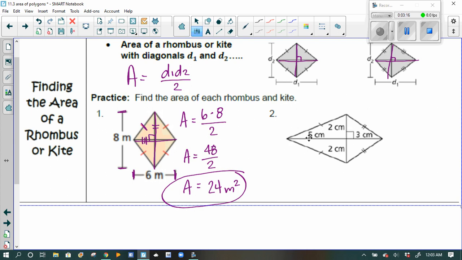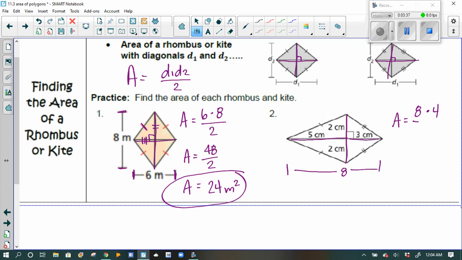Over here, we see that this piece of the diagonal is 5 and this piece of the diagonal is 3. So the whole diagonal is 5 plus 3, so the whole diagonal is 8. So area is diagonal 1 times, and then this diagonal is 2 plus 2, so from here to here is 4.